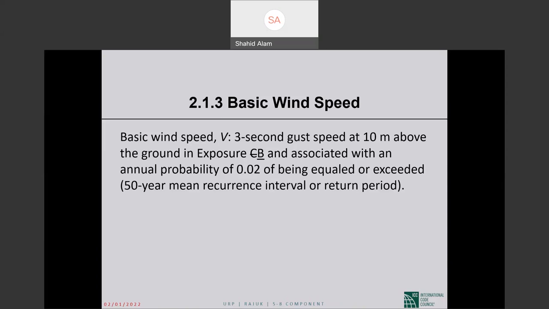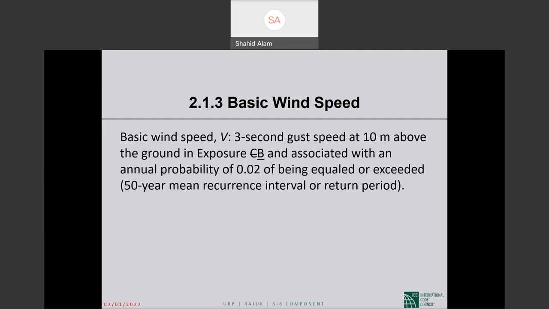There are other averaging times that have been used in the past and are used in other parts of the world, like Australia has a different averaging time, but 3-second gust speed has been used in the US since ASCE 7-98. Wind velocity changes from 0 at the surface of the earth to whatever values it increases as we go up.